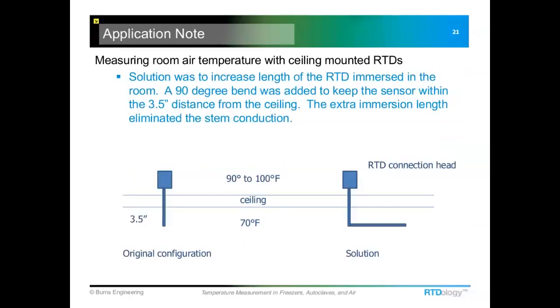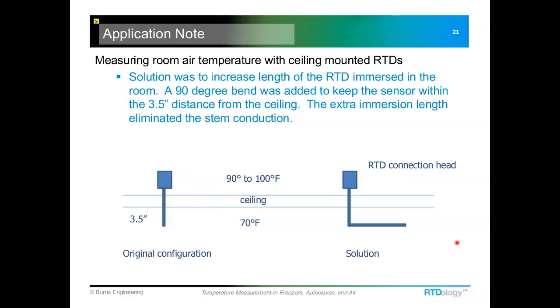What was happening is that they were getting stem conduction between the connection head, where it was 90 to 100 degrees, and the temperature sensing element, which was just about 3.5 inches below the ceiling where they're trying to control to 70. Heat from here will conduct down the probe sheath and the lead wires and the insulation and whatever else is in there, and it will have an effect on the sensing element. So you're going to be reading partially this warmer air above the ceiling.